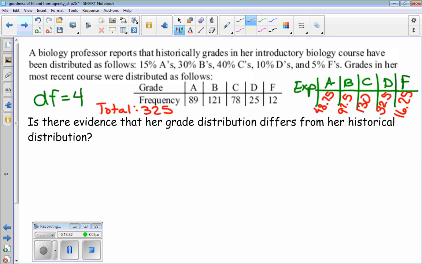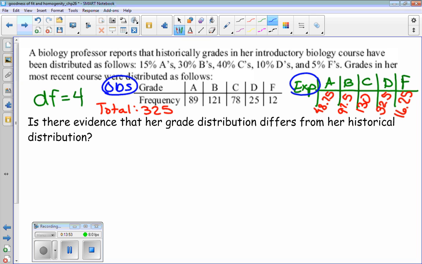And we should be able to add all of those up and get the same 325. Do you agree? Just found the percentage of the total that we were given. That's all. So I have some observed values, and I have some expected values.